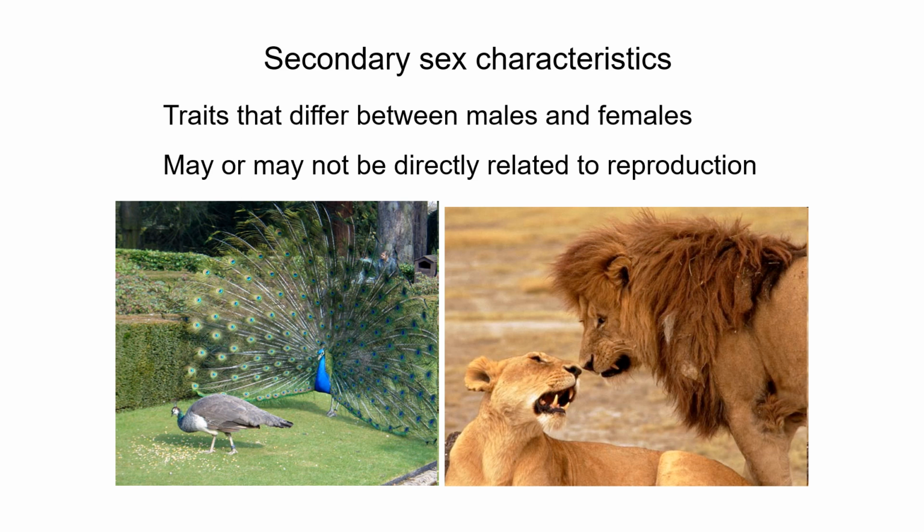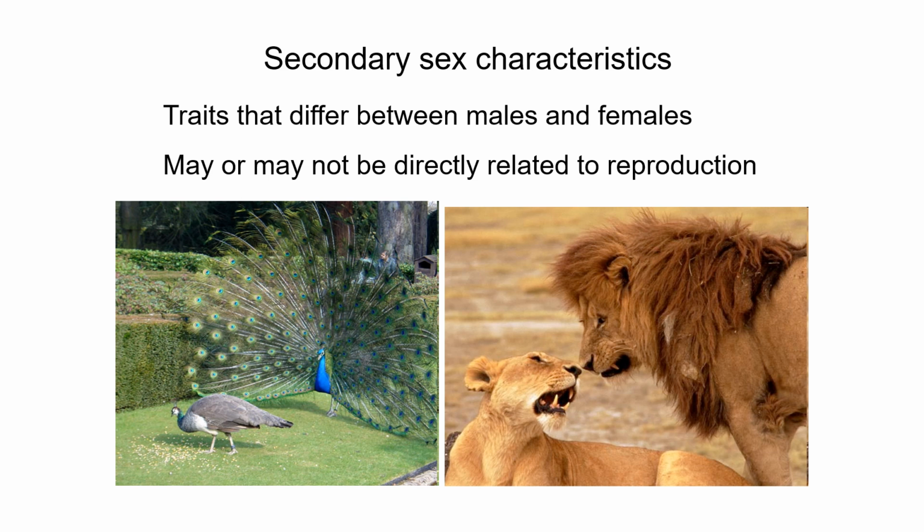So we're looking at a peahen and a peacock on the left there, where the female, the peahen, is rather drab in coloration, and she certainly does not engage in these dramatic behavioral displays like that peacock has. These bright, numerous, heavy feathers and this brightly colored plumage, and he can elevate those feathers into this dramatic display, and he'll strut back and forth in order to curry favor with the female.